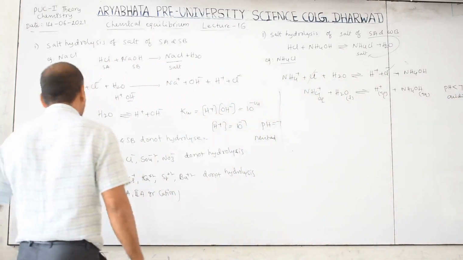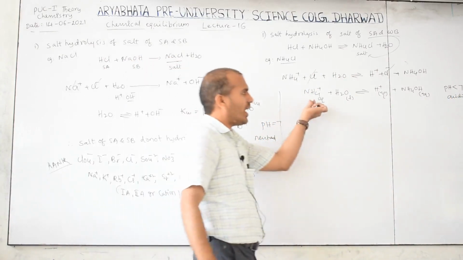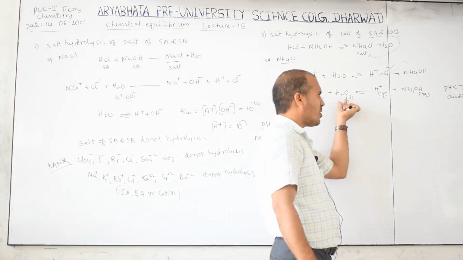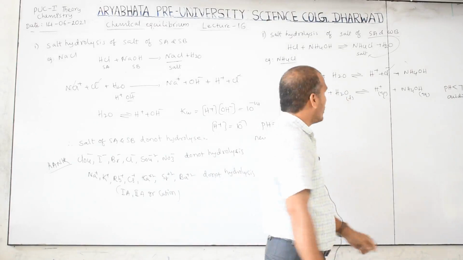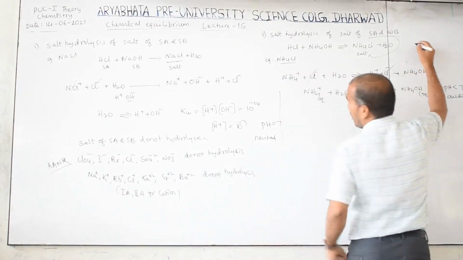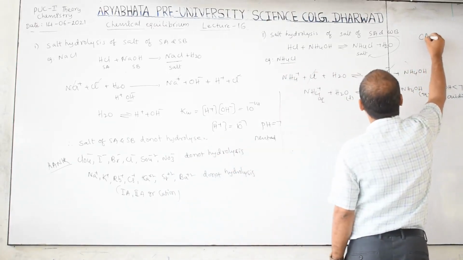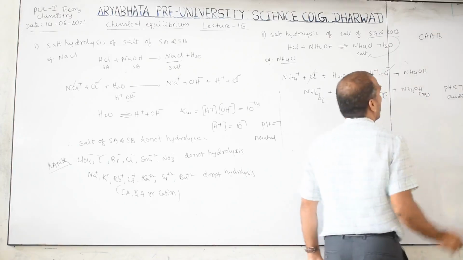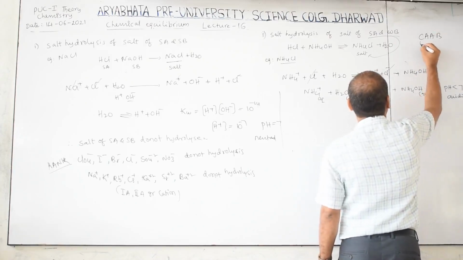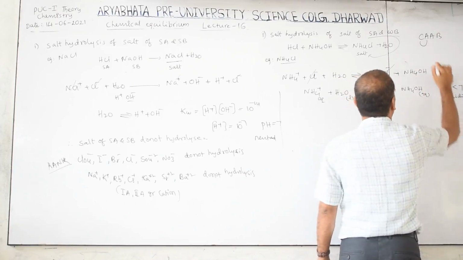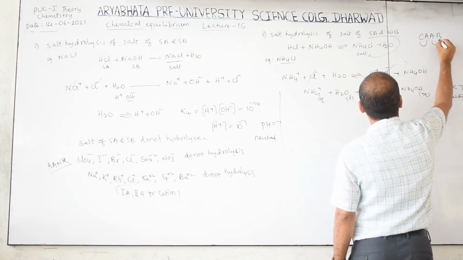Otherwise, one rank shortcut: consider which one, cation? Cation on hydrolysis gives acidic. Simple shortcut I want to give. Already one shortcut I gave, CaAB. Cation on hydrolysis gives an acidic solution. Anion on hydrolysis gives a basic solution.